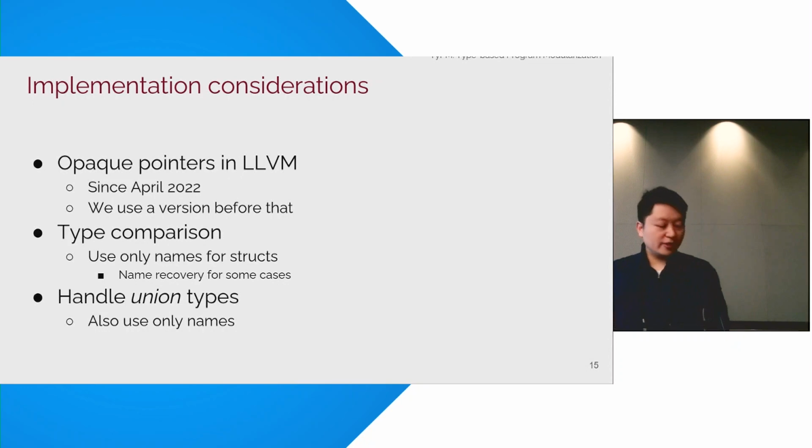Second, we need to frequently compare types, which is not easy because the types of fields of structs have lots of noise. So to be conservative, we just use the name of the structs for the comparison. Similarly, for union types, there is some implicit typecasting, so we also just use the name of union types for the comparison.